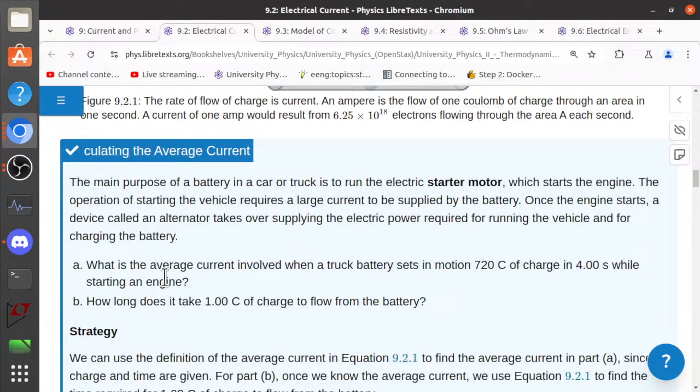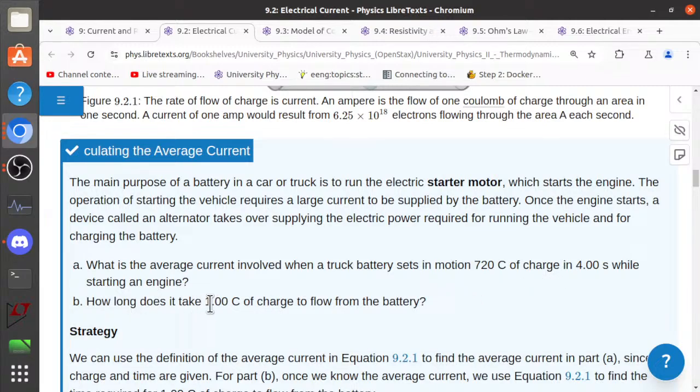What is the average current involved when a truck battery sets in motion 720 coulombs of charge in 4 seconds while starting the engine? 180, right. Because how do you calculate? 720 divided by 4. So 720 coulombs divided by 4 seconds. Coulomb per second, right? That's the current, which is then 180 amperes.